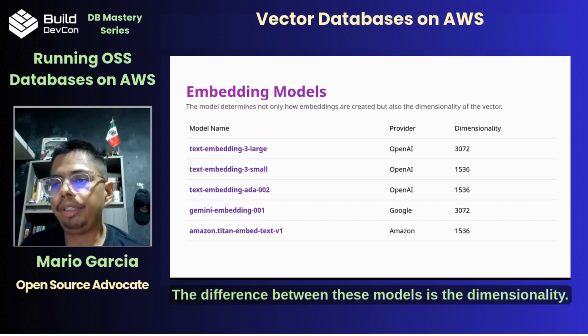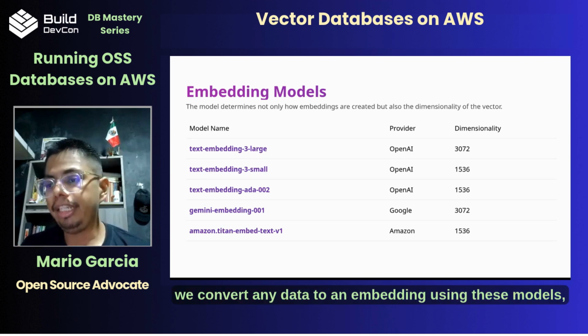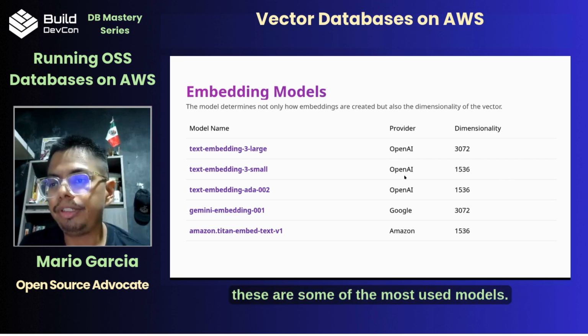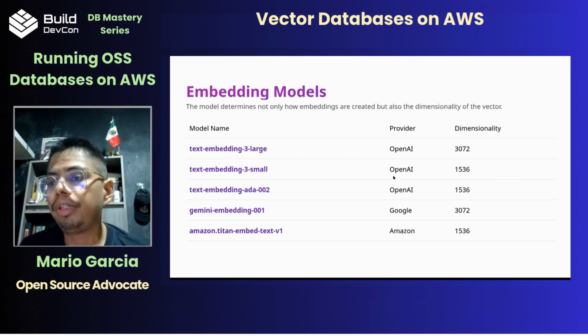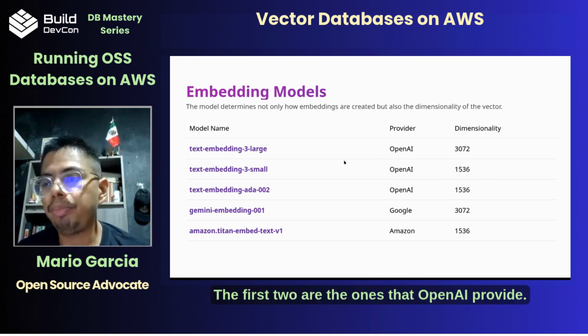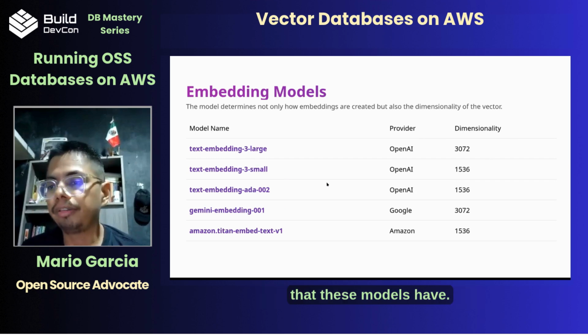The difference between these models is the dimensionality. I mean, when we convert any data to an embedding using these models, it will have a specific size. For example, these are some of the most used models. The first two are the ones that OpenAI provides, and this is the dimensionality that these models have.